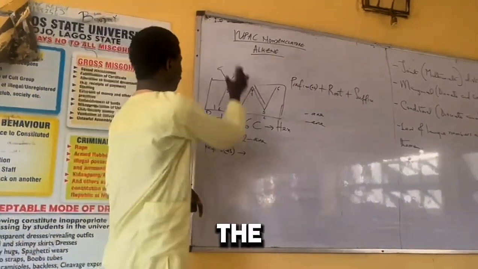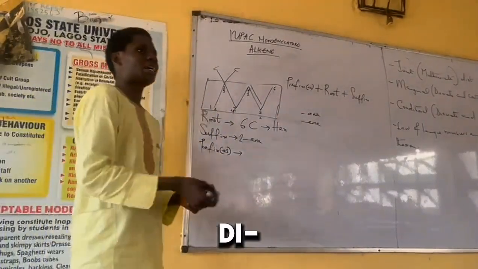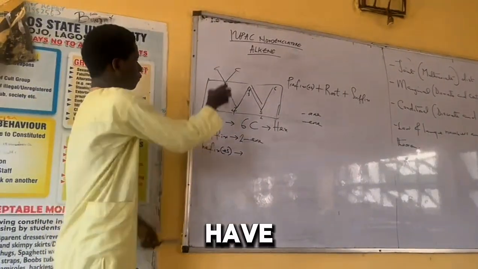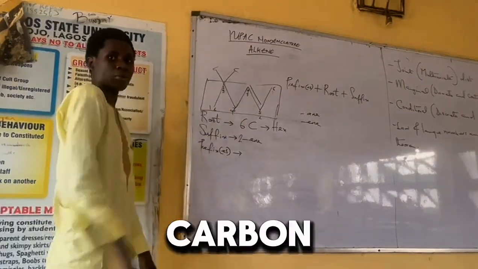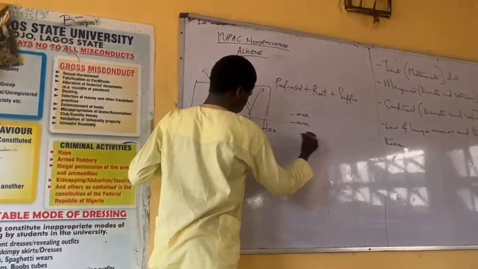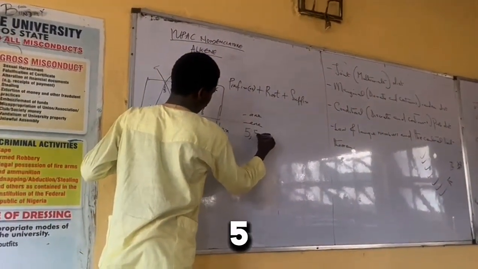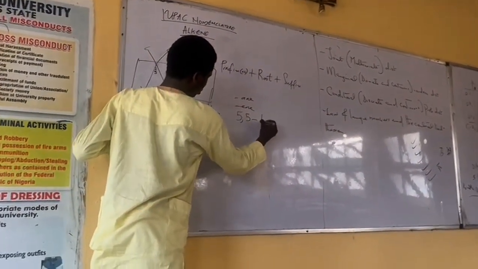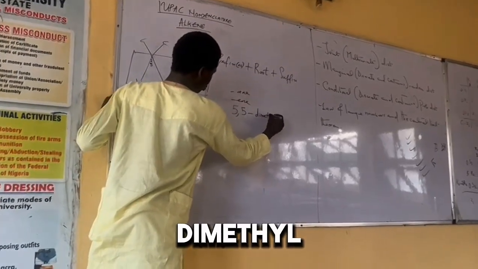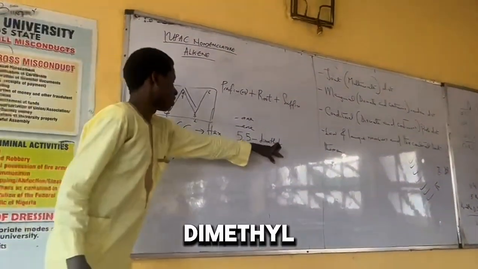And we can now say that, in the case of di, tri, for this case we have 2 methyl groups attached to carbon 5. Hence, we can say we have 5,5-dimethyl. Why?